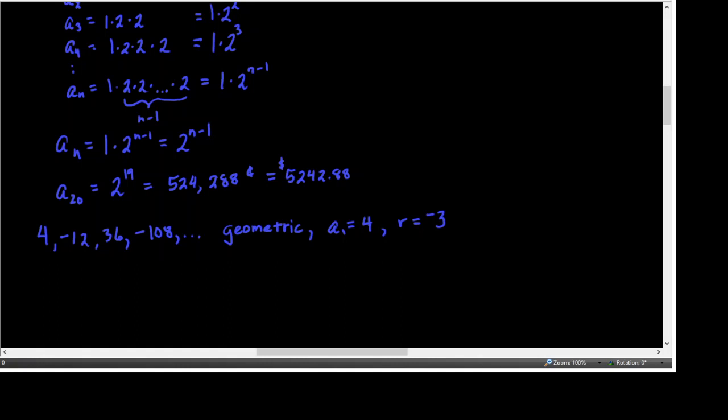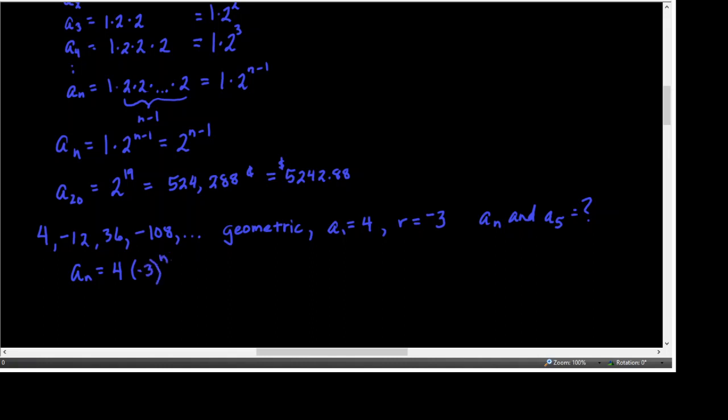The question here is to find a sub n for this sequence and find a sub 5. Okay, so a sub n, using that memorized formula, is a sub 1, which is 4, times negative 3. Make sure you put that in parentheses when it's a negative number. It's really important.